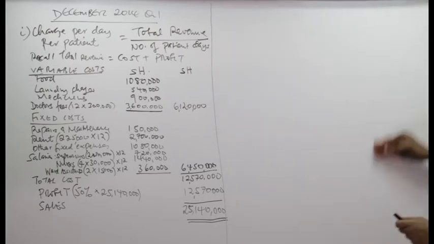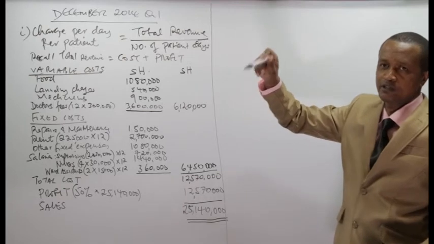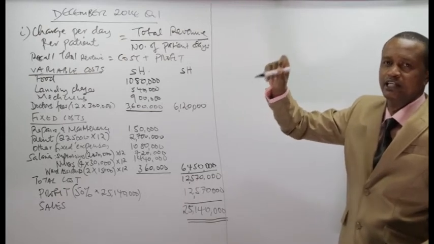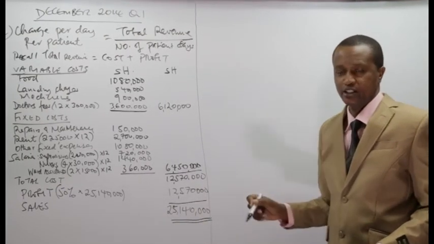So in this question, we need to determine the number of patient days for that year. We are told that in a year they operated 300 days.